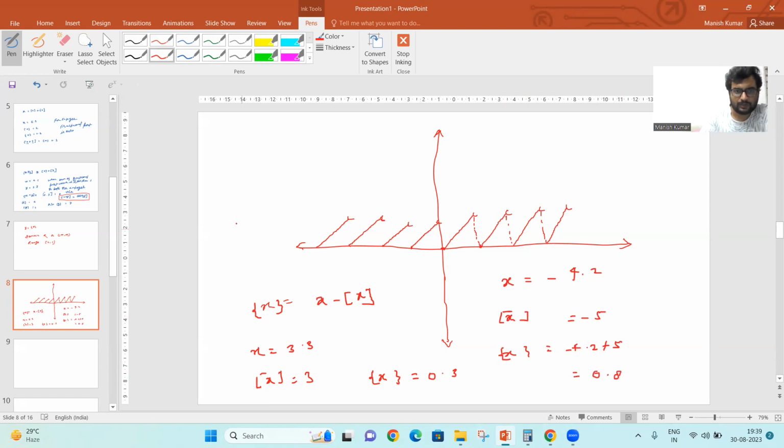So fractional part is never negative, it is non-negative, because it is 0 for integer values of x.